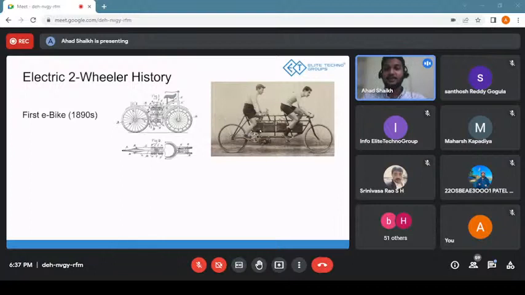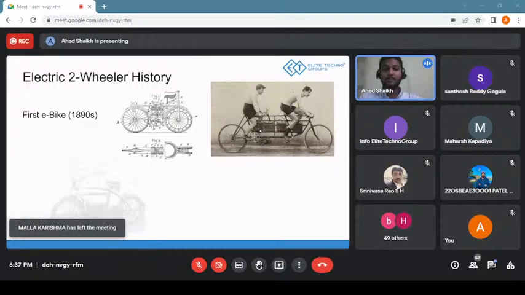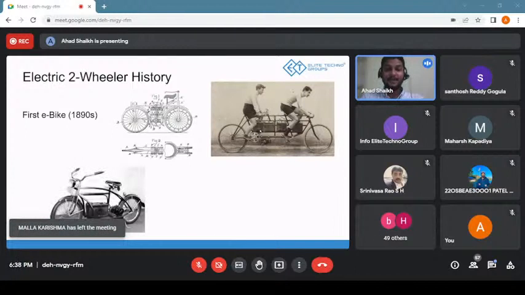But since some research and development was done in motor technology, and some batteries also got popular at that time, companies started building commercial models and mass produced electric two-wheelers for public application.